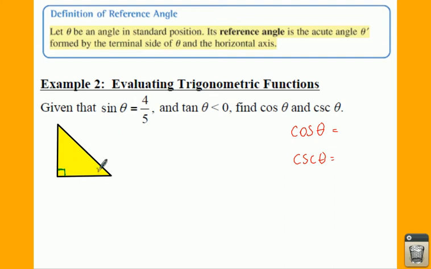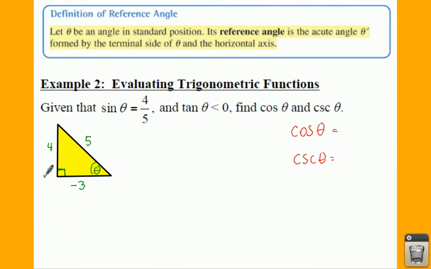We know that if this is our theta right here, then our sine is 4/5. And you can do the Pythagorean theorem, but we know this is a 3, 4, 5 triangle. This is a 3 here. But since we're in quadrant 2, your cosine, your x value, is going to be negative. So that's a -3.